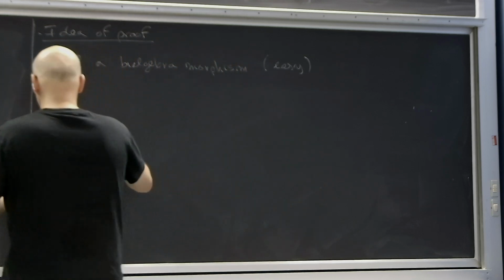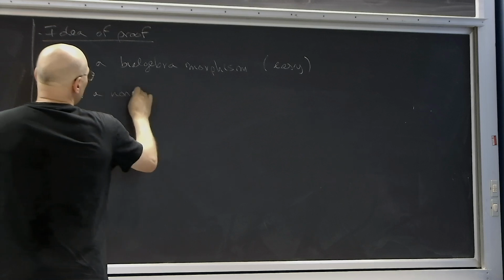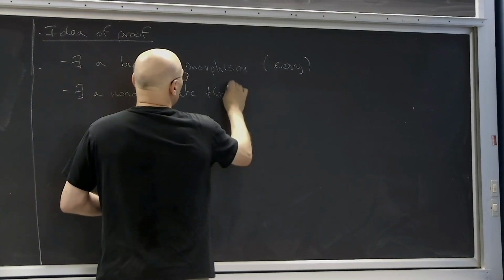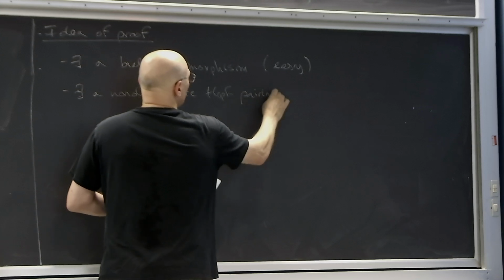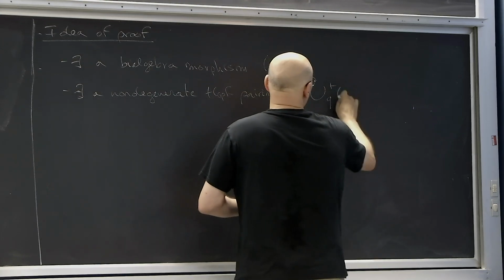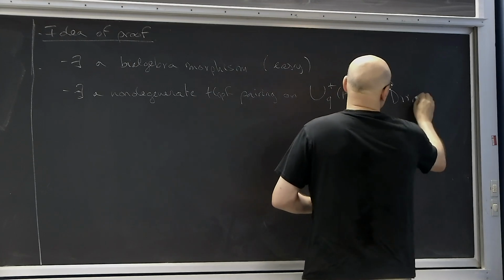And therefore, you need to know one thing, that there exists a non-degenerate Hopf pairing on U_Q^+(n). You can present it like that; it's called the Drinfeld pairing.